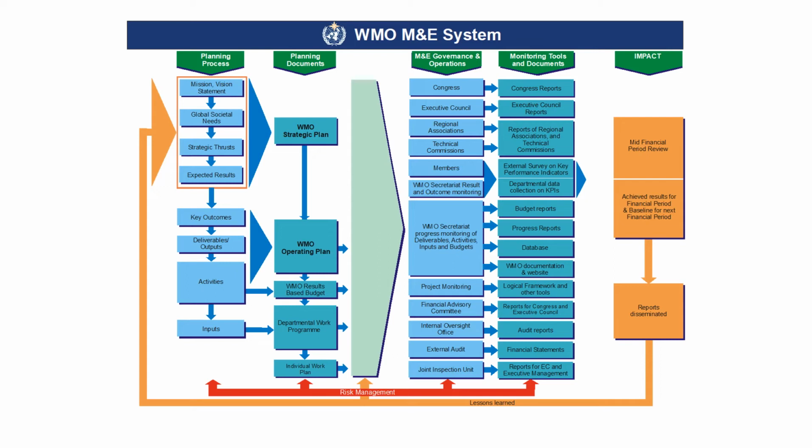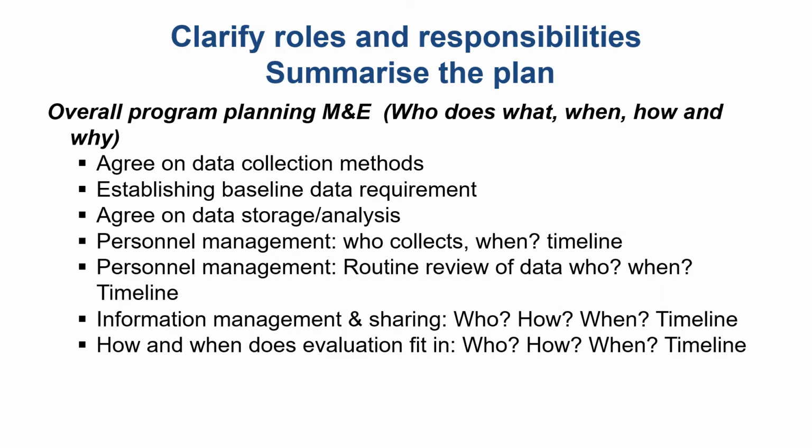I like to produce a diagram because it's quite useful to show that. And you can do a diagram that shows all the elements of the system. And that is something that you pass around. It's important that the system is shared with your management and with all project staff so that we create ownership of what we're trying to do.